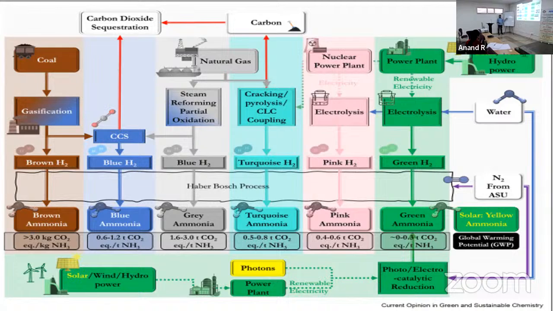In the previous slide also, I hope you noticed 1 kg methane is equal to 25 kg CO2 equivalent. 1 kg NO2 is equal to 240 something, 35 to 40 kg CO2 equivalent. So similarly, you have to calculate all these things and compare.